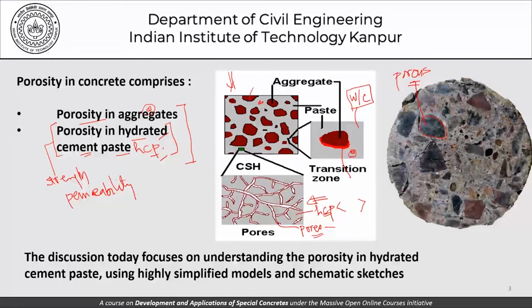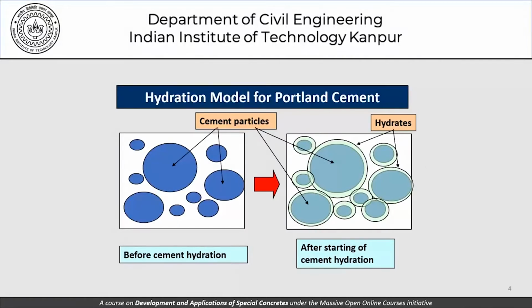Having said that, let's start our discussion and look at the hydration model of Portland cement. What this hydration model really tells you is that these are the cement particles. Of course, I've taken them to be spherical, but obviously cement particles are not spherical. They are highly angular in nature, but for the sake of argument, it's much simpler to draw perhaps.